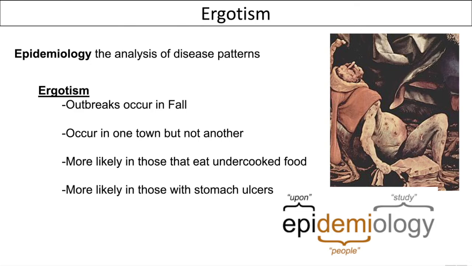Okay, so the other way that we look at cause and effect in diseases today is a field called epidemiology, and this is the analysis of disease patterns. And so this turns out to be really important whenever we are trying to identify a new disease. In the case of ergotism, some of the patterns that you would see is that people tended to get sick in the fall.